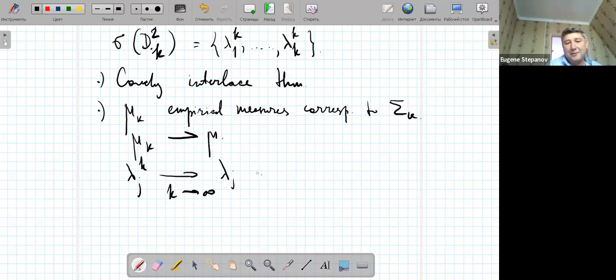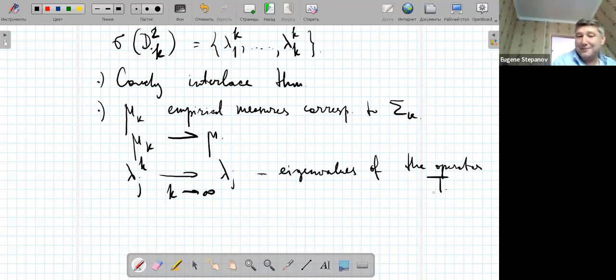Those are eigenvalues of the operator T, the one coming from the infinite MDS.